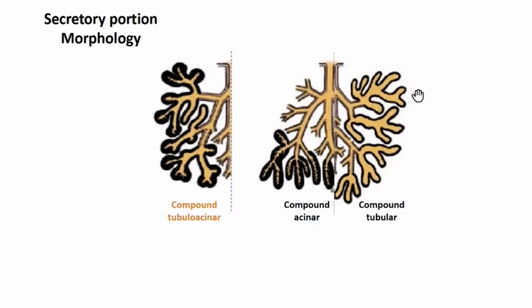Sjogren syndrome is a chronic autoimmune disease with lymphocyte infiltration that attacks the acinar cells of the exocrine glands, particularly the salivary and lacrimal glands. The clinical features are a drying of everything: the skin, the eyes, the oral cavity, all of it is dry. Okay, this is the end.